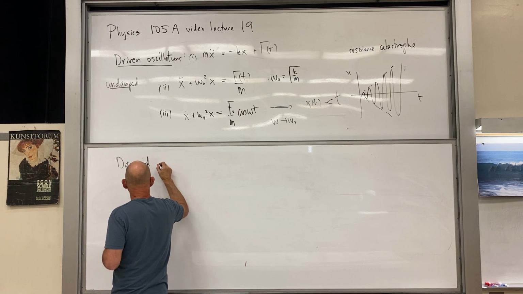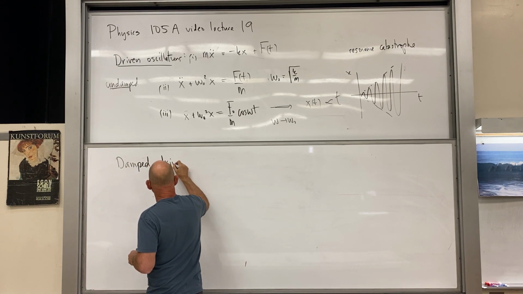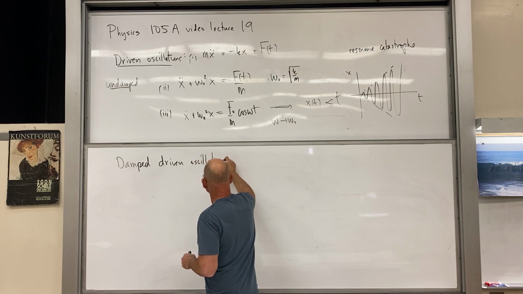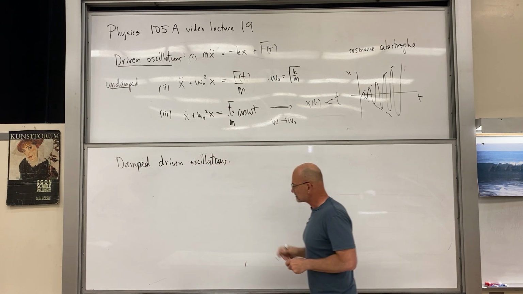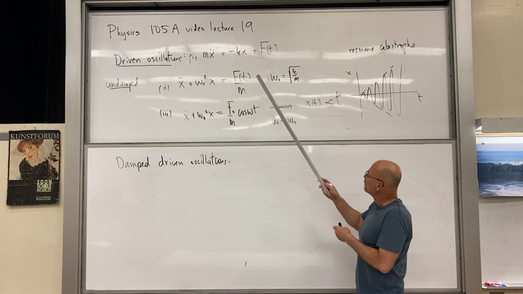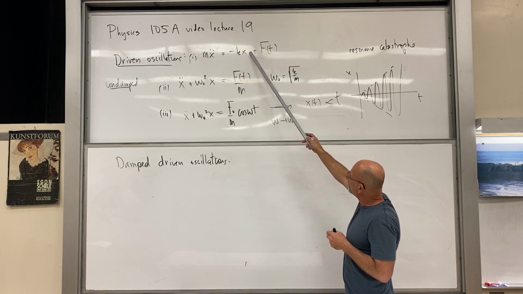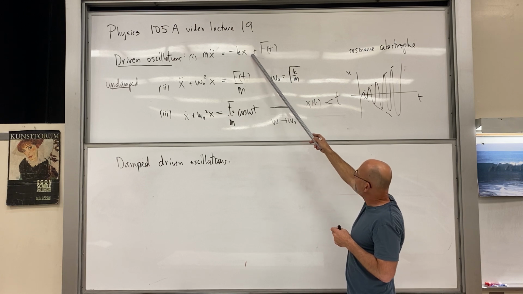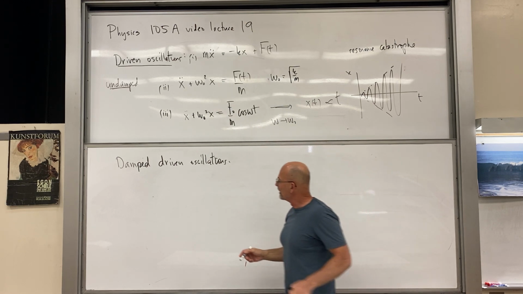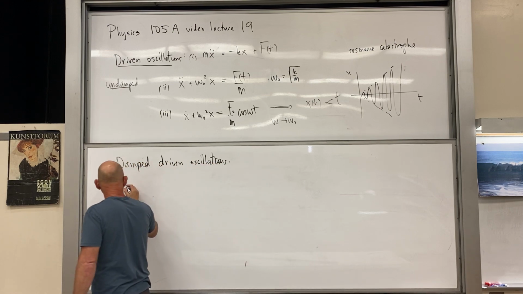Damped and driven oscillations. So we've seen this before. What we would have would be that friction force proportional to x dot over here, and when we bring it into there, we would have the following.